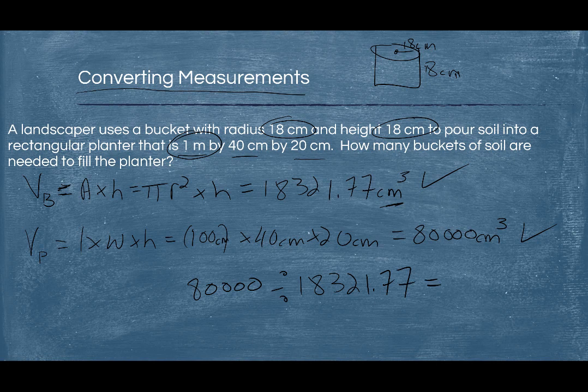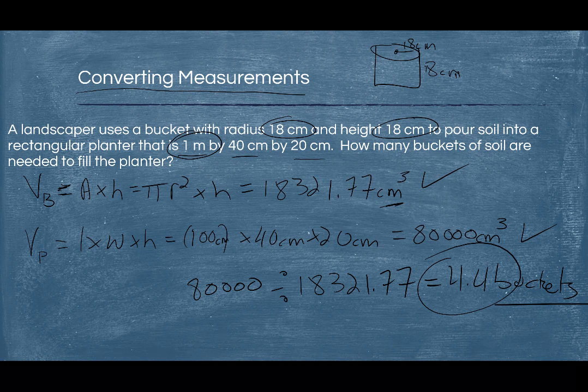And I'm doing that right now, 80,000 divided by 18,321.77 equals 4.4 buckets. You could round that any way you want, just over 4, 4.5. But my calculator gave me 4.4. I rounded it off to one decimal place, and I think that's good enough for the answer, guys.